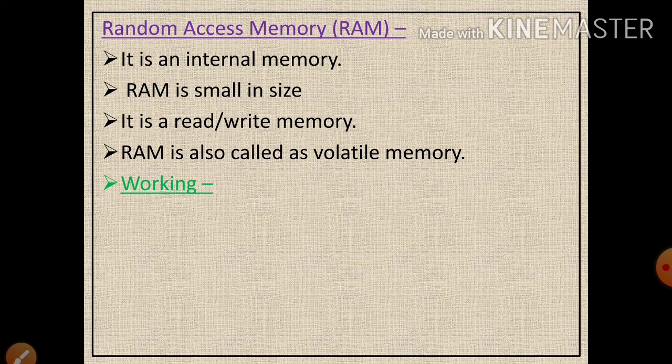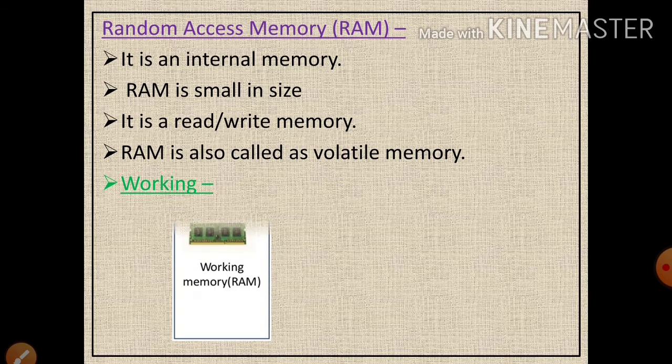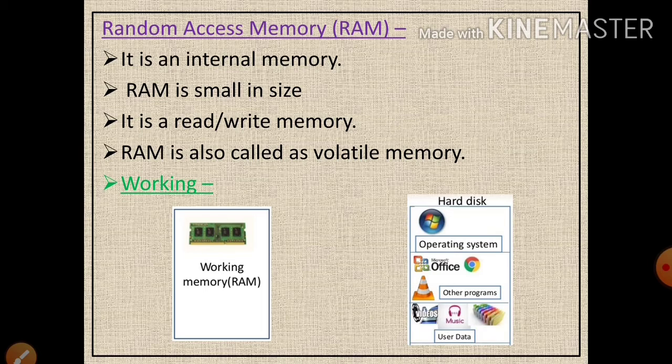Now let us understand the working of RAM. RAM consists of memory chips placed on the motherboard, which is shown over here. This is the RAM on the motherboard. When we start the computer, some operating system files are transferred to RAM from the storage devices.